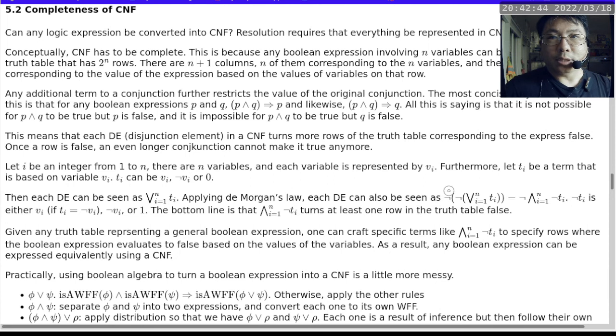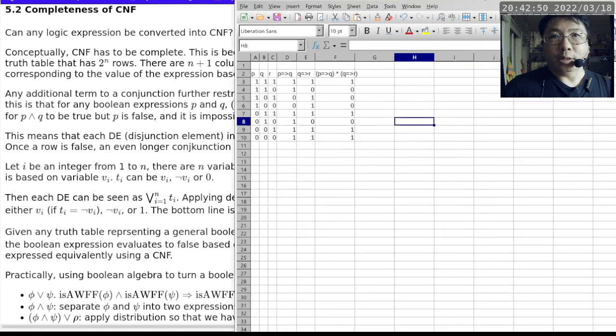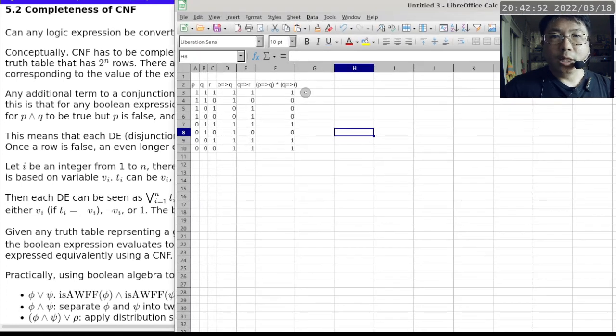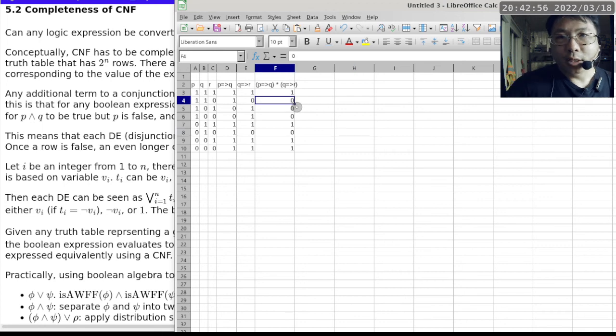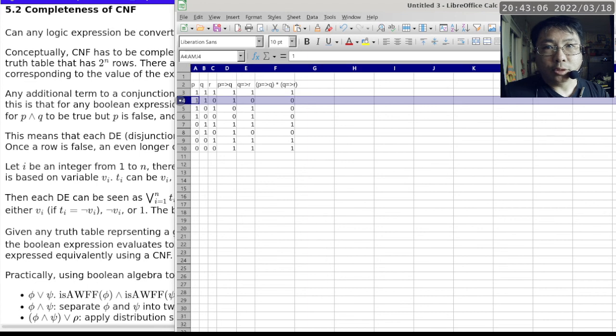Let me explain what that means. When you have a truth table like the one that we have here, and you say, okay, this one is false, how do we specify a very specific expression to make one specific row, which is this one, to be false?